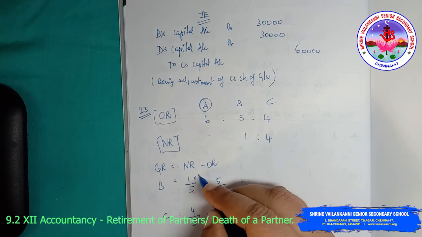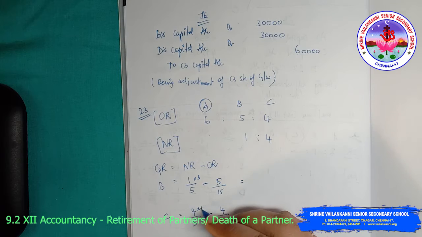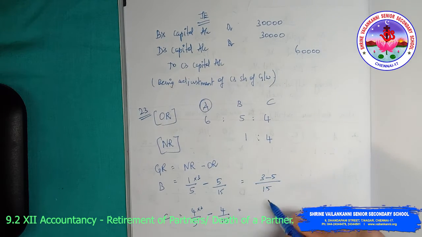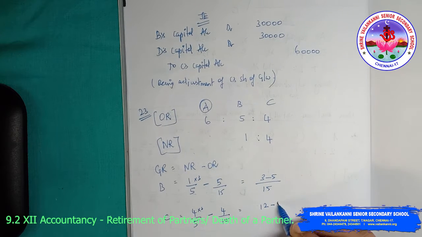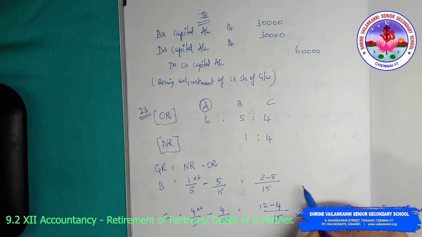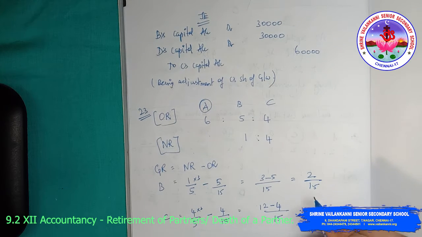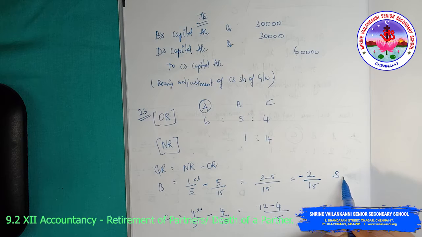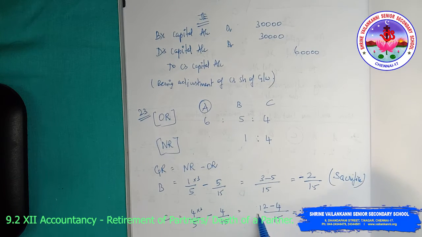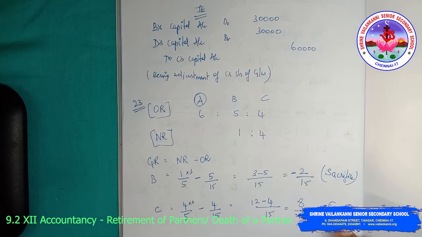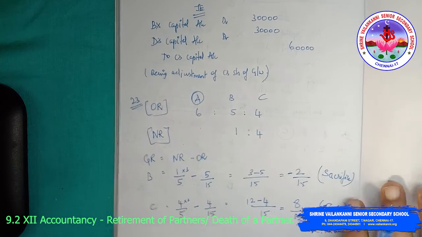So I'm going to equalize this by multiplying with 3. So 3/15 minus 5/15 and 12/15 minus 4/15. So it is minus 2/15, this is a sacrifice. Now 12 minus 4, 8/15, this is a gain.